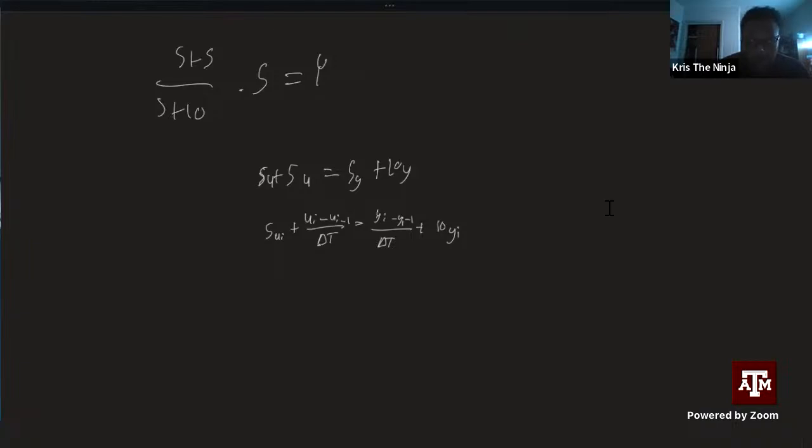Then you pull out your u_i and y_i, and you essentially get to write it as y_i equals 1 over (10 delta t plus 1) multiplied by y_(i-1), plus (5 delta t plus 1) u_i minus u_(i-1). That's the difference equation.